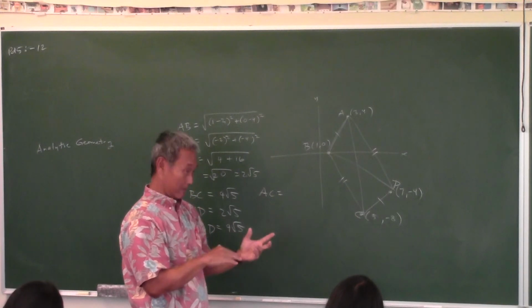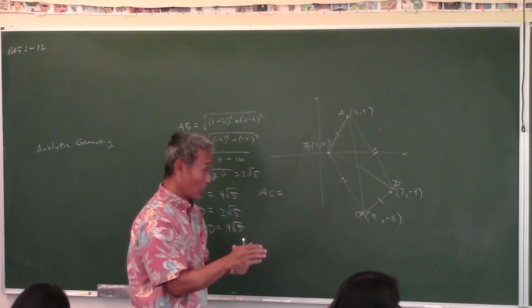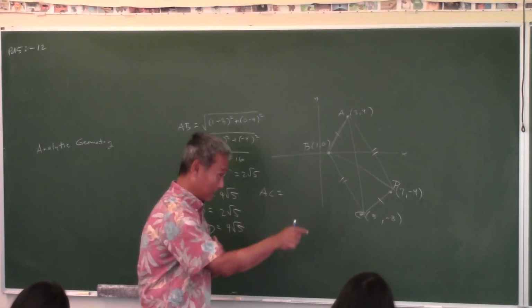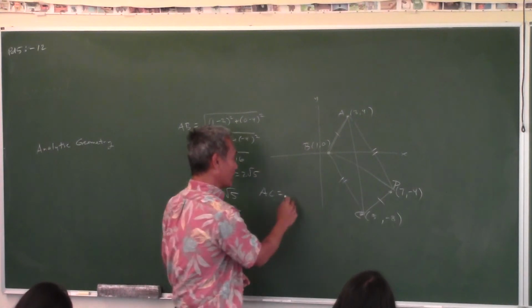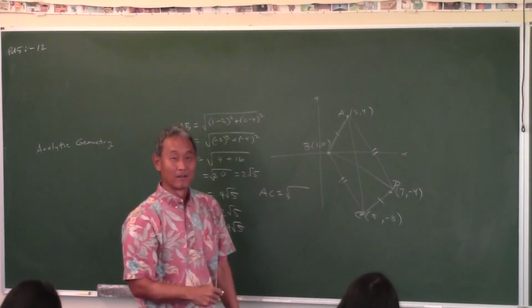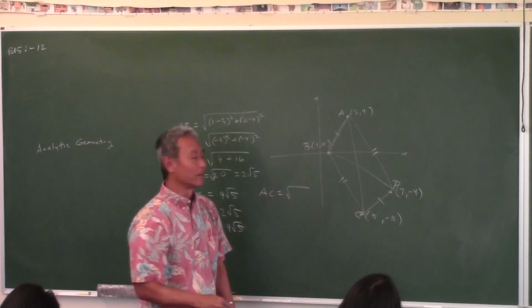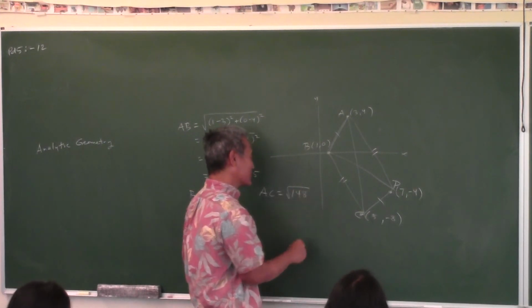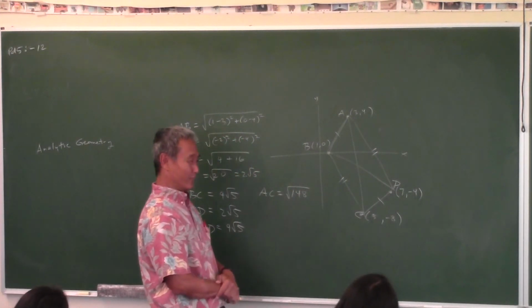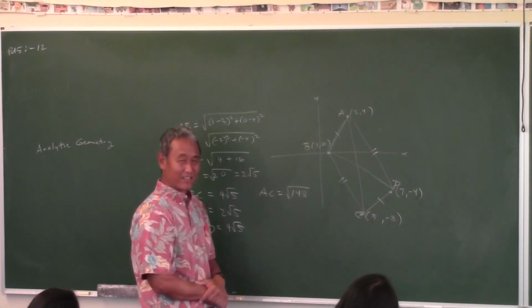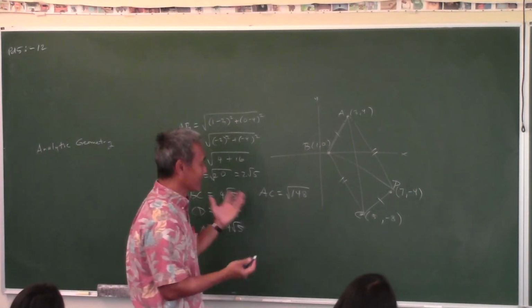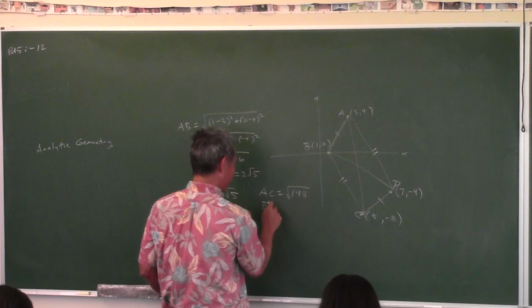And then you don't even have to simplify, just give me the number. 148. Okay, good enough. Now, do I need to simplify that to 2 root 37? That's good enough. Okay, what about BD?